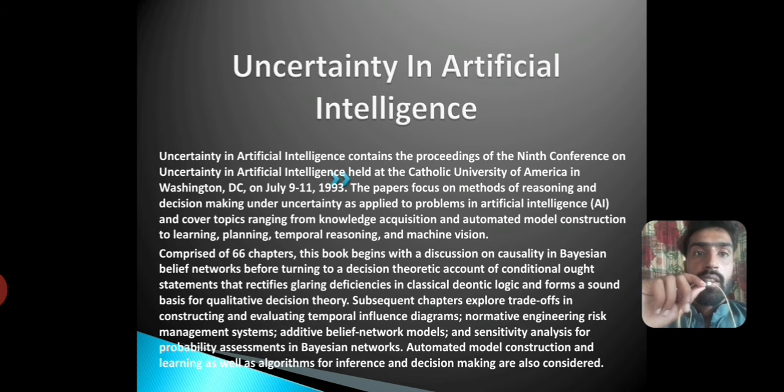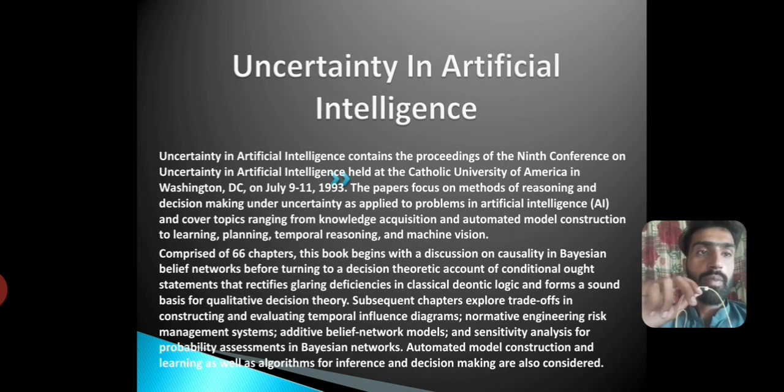Comprised of 66 chapters, this book begins with a discussion on causability in Bayesian belief networks before turning to decision theoretic accounts, conditional ought statements, and a statement that rectifies glaring defects in classical deontic logic and forms a sound basis for collective decision.